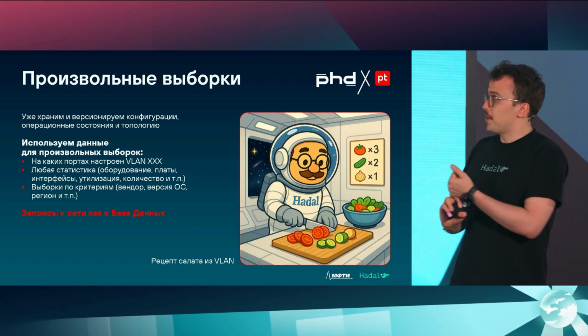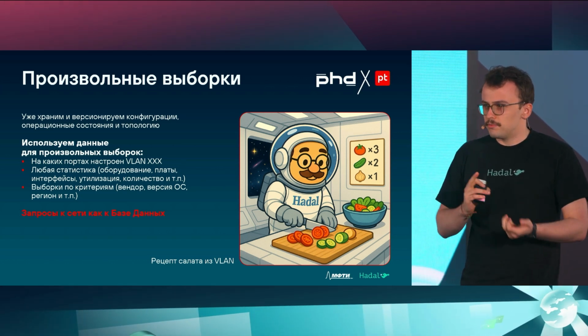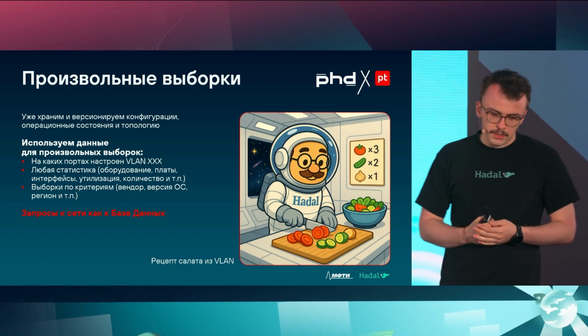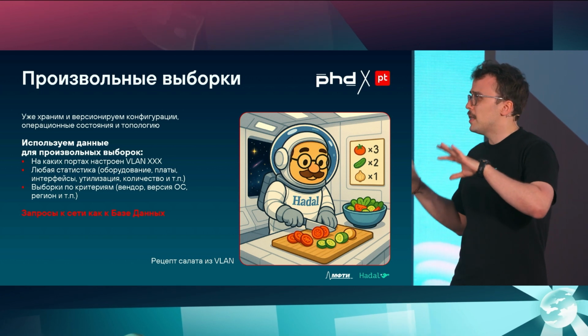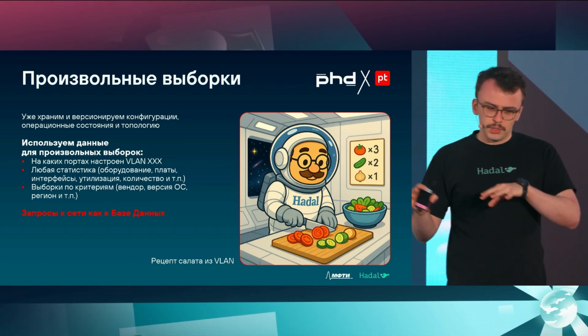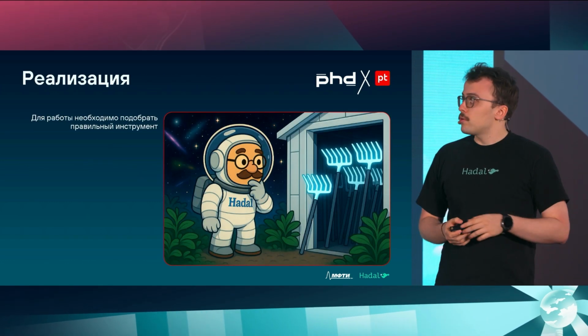We can get a query on which ports the VLANs are configured, what are the access ports configured, at which ports exactly. So we're talking about the inquiries to the network to make random samples.